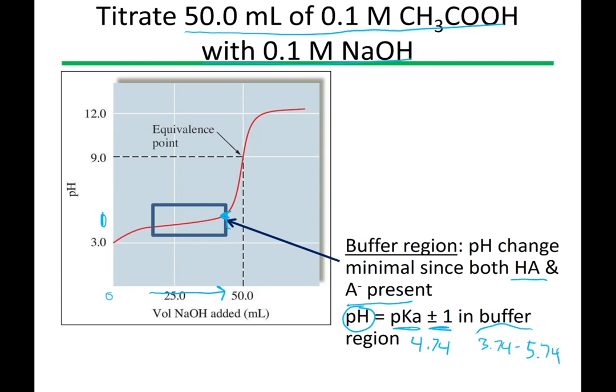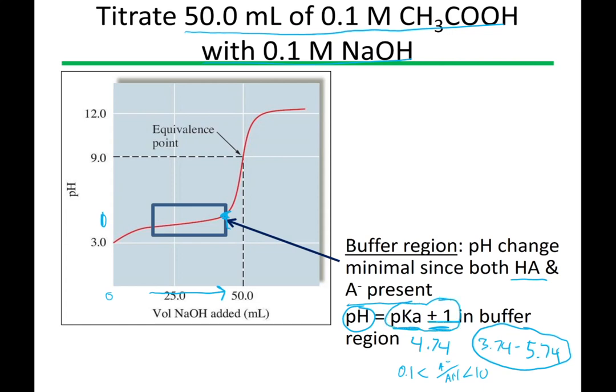That's the range in which acetic acid can resist changes in pH. This also corresponds to what we were talking about before: the Henderson-Hasselbalch equation applies when A minus over AH is between 0.1 and 10.